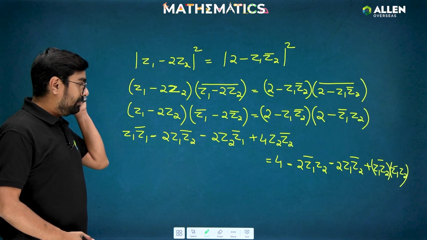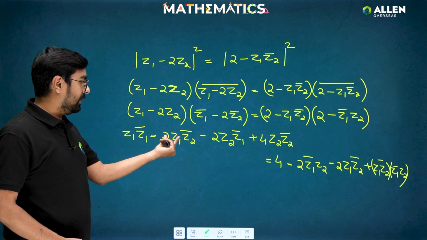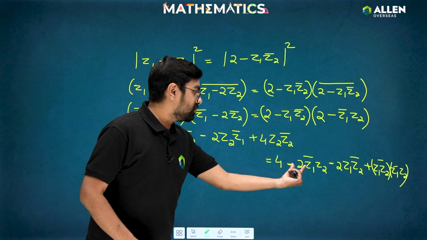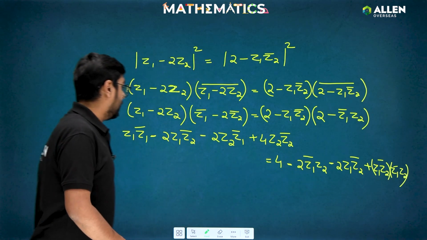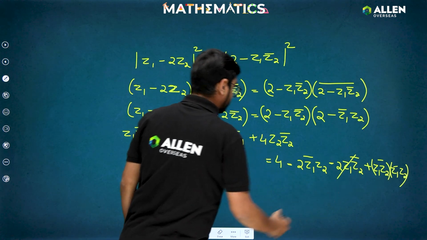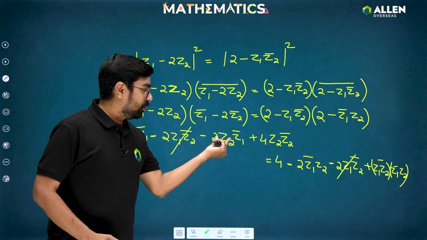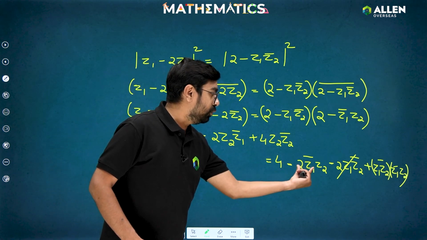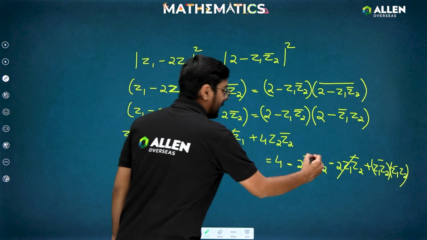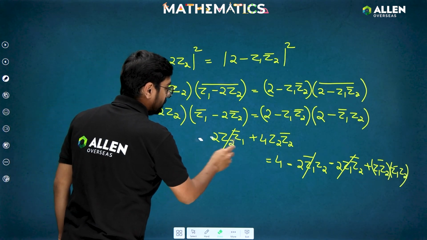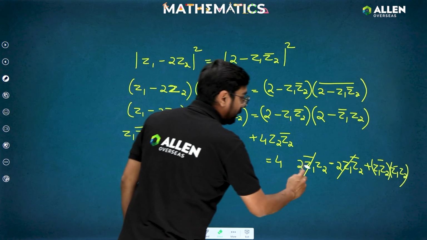Now I can simply see minus 2 z1 z2 conjugate is over here also, so I can cancel this. And minus 2 z2 z1 conjugate is over here, and minus 2 z2 z1 conjugate is here also, so I can cancel this. If I remove these terms, what am I left with?